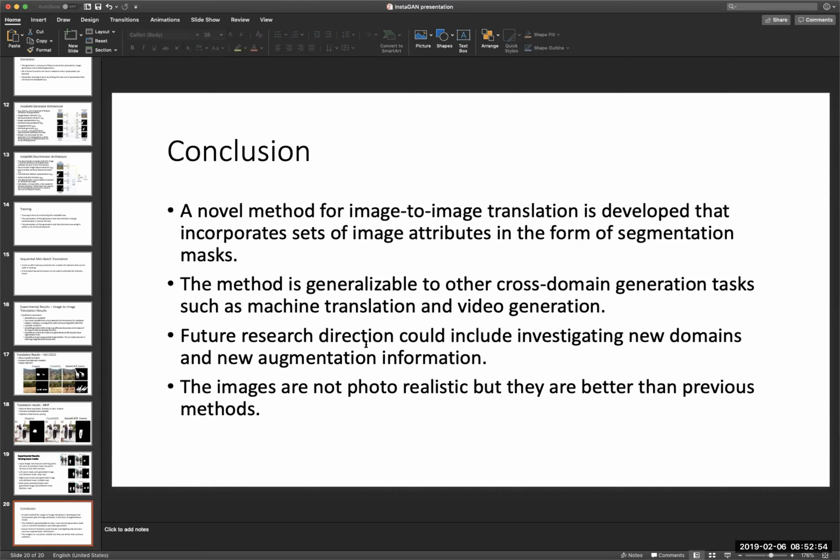They feel that future research directions could include investigating new domains and new augmentation information as well. And then this is my conclusion: the images are not photorealistic, but they are much better than previous methods.